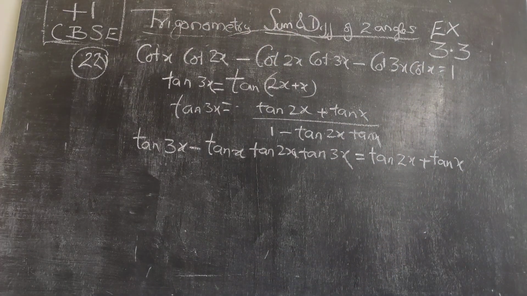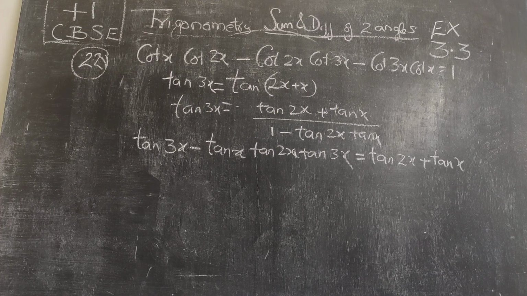Am I clear? I have applied the tan 3x formula, because tan 3x I can write as tan of 2x plus x. If I write tan of 2x plus x, then I can apply the formula tan 2x plus tan x divided by 1 minus tan 2x and tan x. I am simply cross multiplying that.